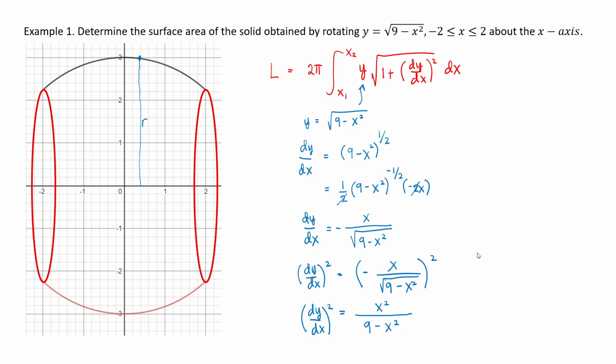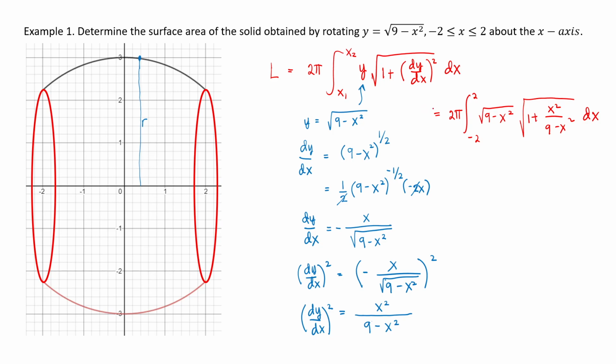Plugging it into the equation, you're going to have 2 pi from negative 2 to 2, and y is square root of 9 minus x squared, times the square root of 1 plus x squared over 9 minus x squared, dx.